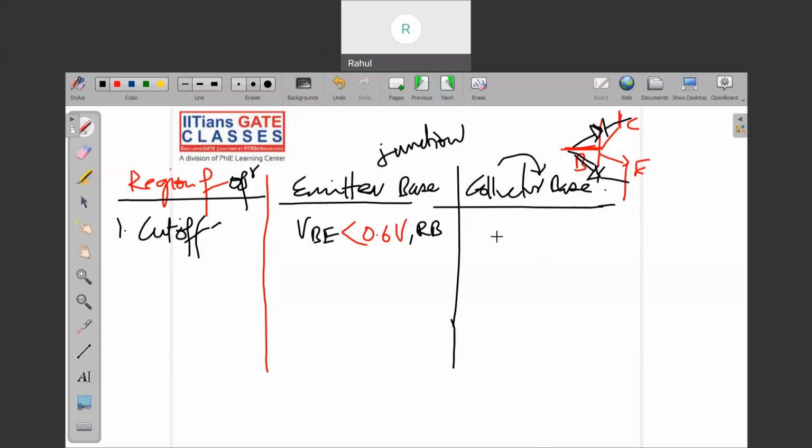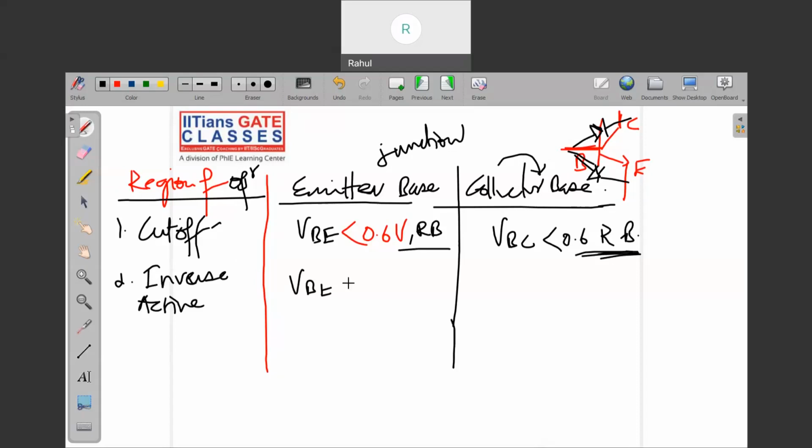Your base to collector voltage is also less than 0.6. If the junction is reverse biased, the voltage will be less than 0.6 and this diode will not conduct, right?